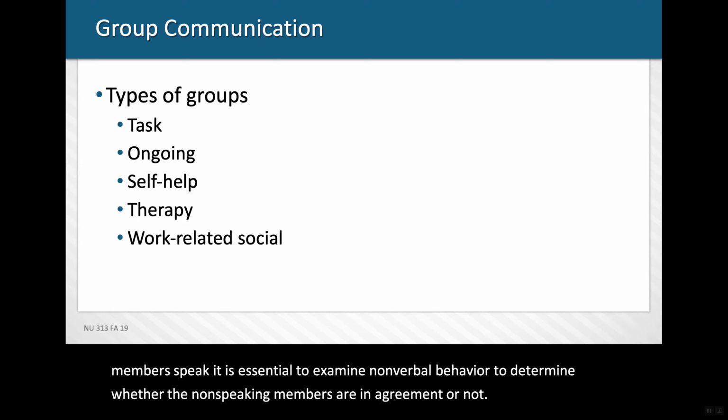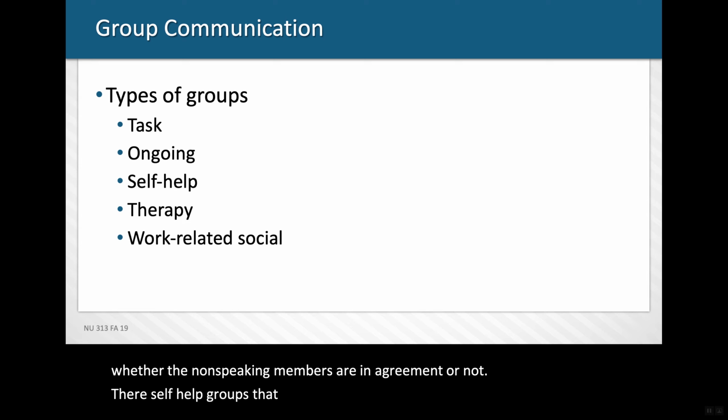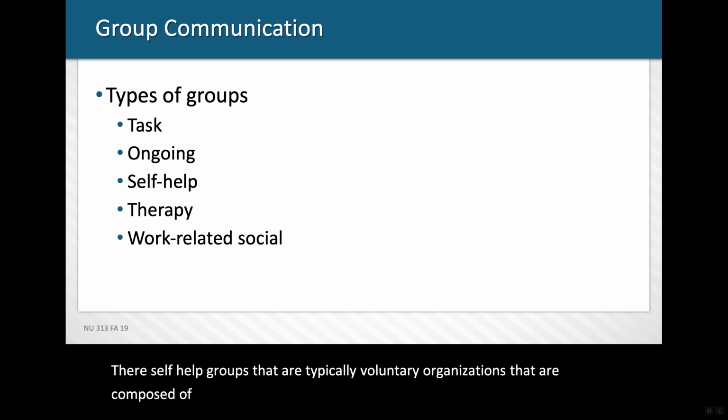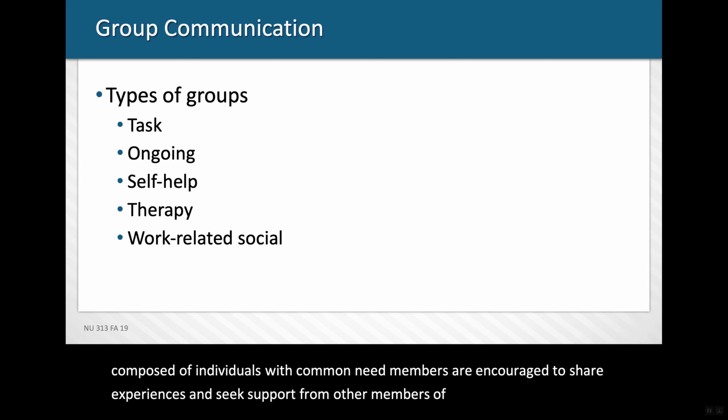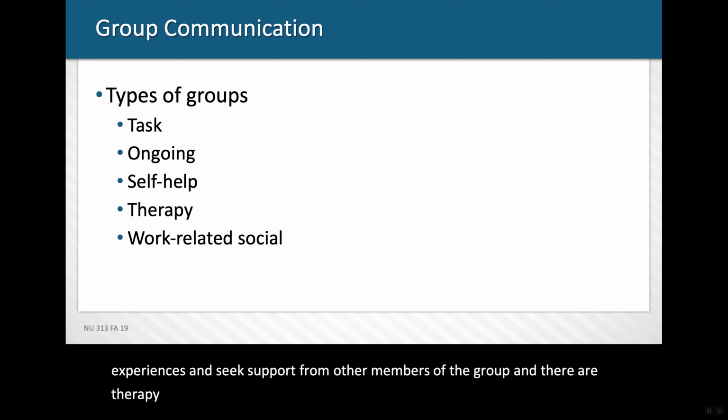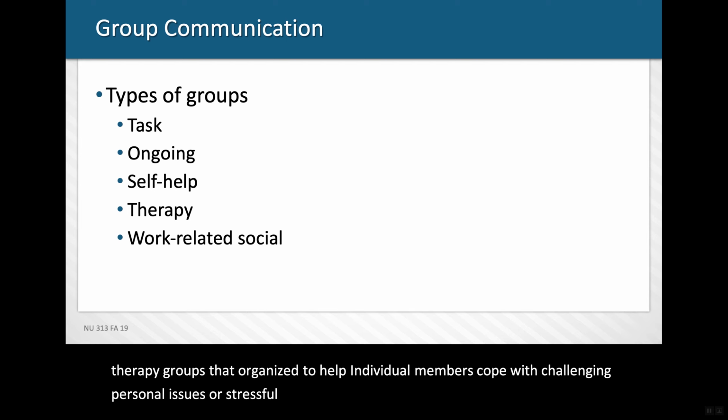There are self-help groups that are typically voluntary organizations composed of individuals with a common need. Members are encouraged to share experiences and seek support from other members of the group. And there are therapy groups that are organized to help individual members cope with challenging personal issues or stressful life events, such as a divorce, death of a spouse, or becoming a new mother.